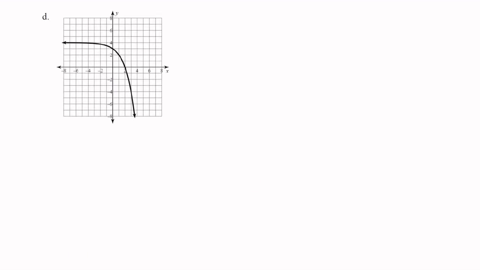For d, we have a horizontal asymptote at 4, so k is 4. The point closest to our horizontal asymptote is along the y-axis, so h is 0. And our a is -1 because we are reflected across that asymptote. So we have y equals -2 to the x plus 4.